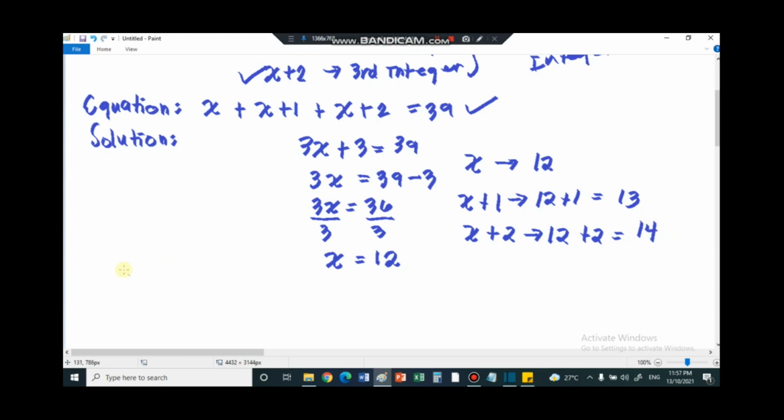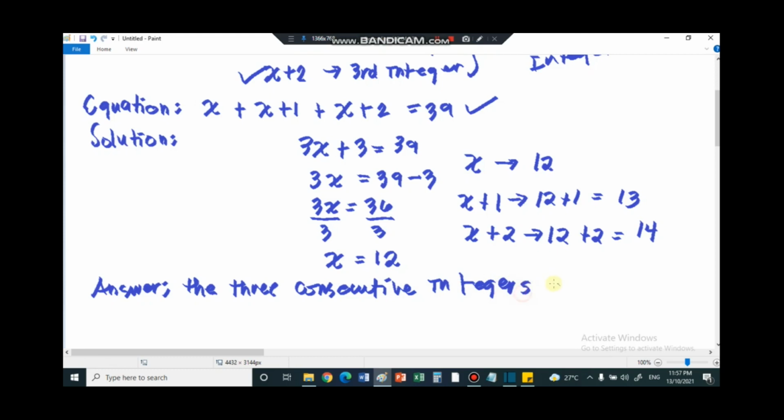Now let's have the answer or the conclusion. The conclusion here, the answer is the 3 consecutive integers are 12, 13, and 14.